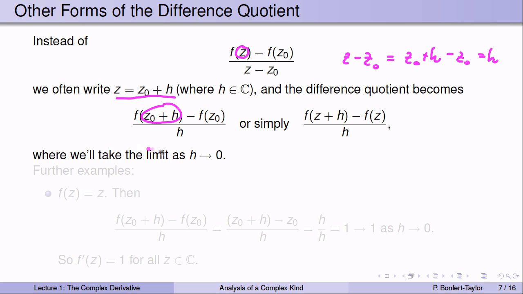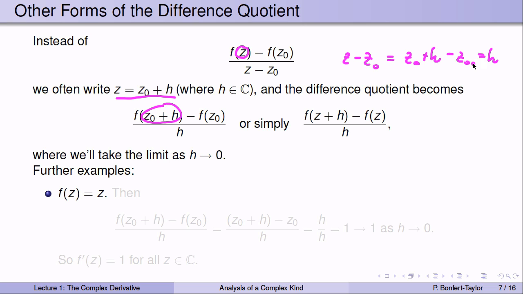So this is the exact same quotient, just written in a different way, in terms of the difference h rather than in terms of z. So the difference quotient is f of z0 plus h minus f of z0 divided by h, or often we just write f of z plus h minus f of z over h when we get tired of writing z0 all the time. And we'll take the limit as h approaches 0, because when z and z0 get closer and closer to each other, that means their difference z minus z0, which is h, goes to 0.